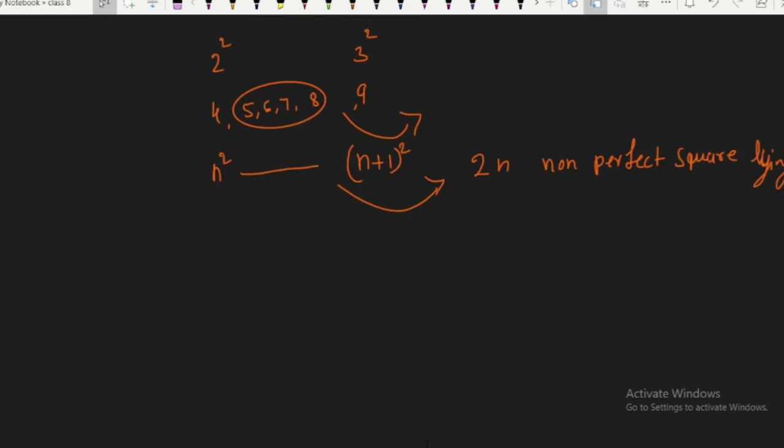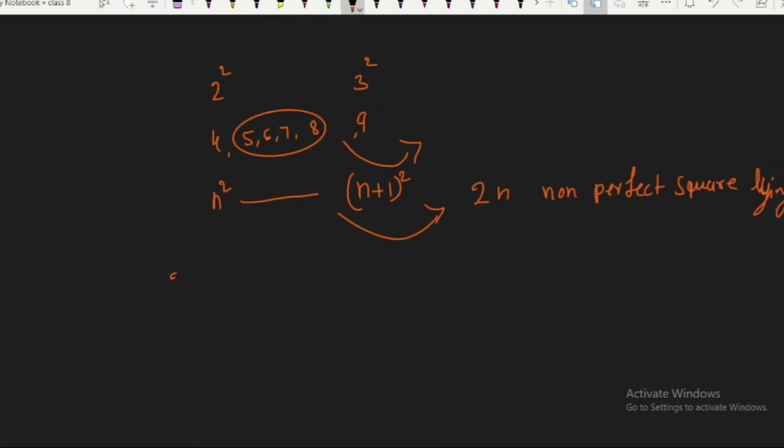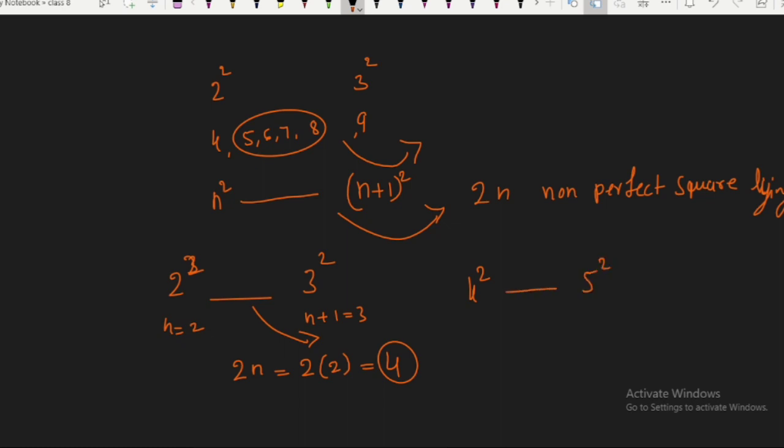So between 2 square and 3 square, we get 4 numbers, since here n equals 2 and n plus 1 is 3. So 2n means 2 into 2, which is 4 non-perfect square numbers. Similarly, between 4 square and 5 square, how many non-perfect square numbers are lying? That is 2 into 4, that is 8 numbers lying between 16 and 25.